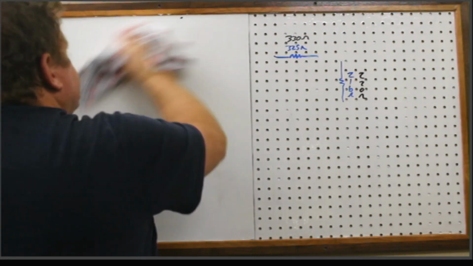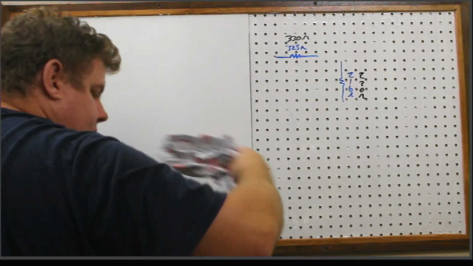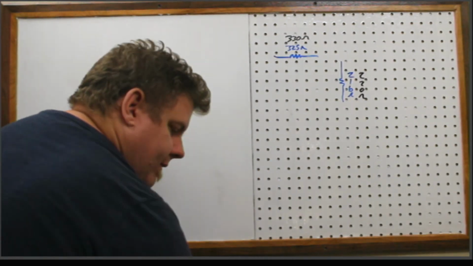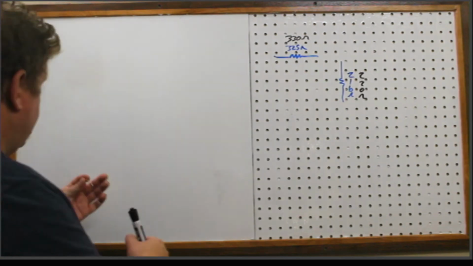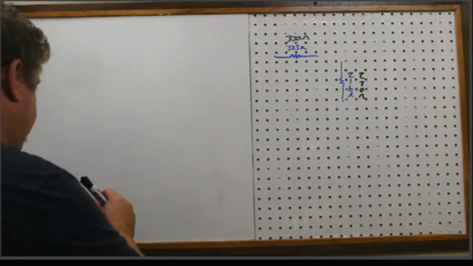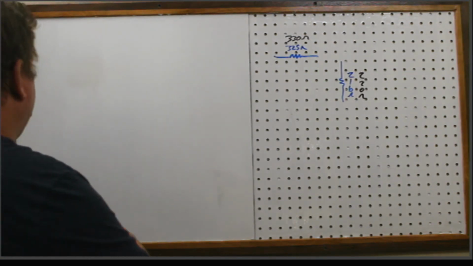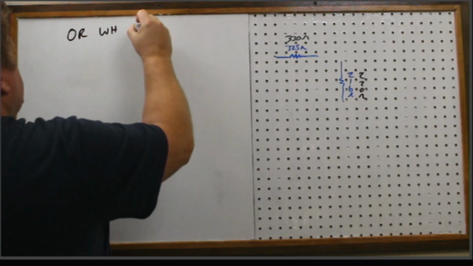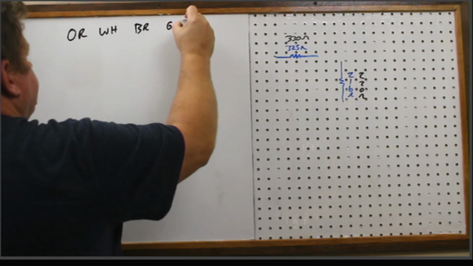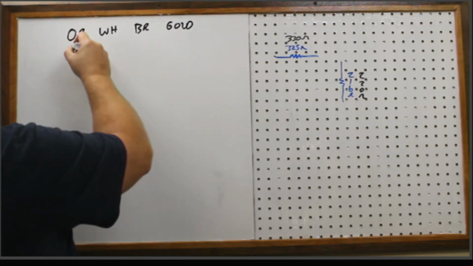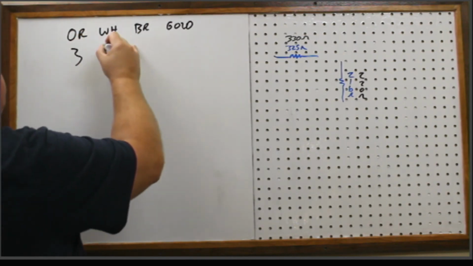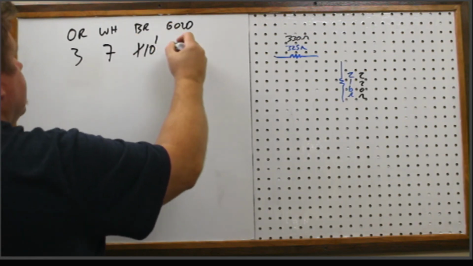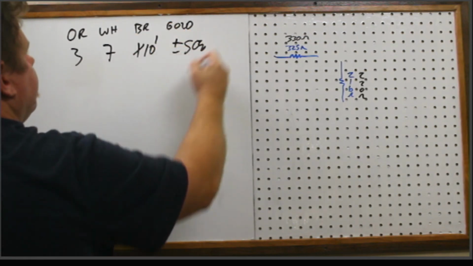Okay. Now let's go ahead and do the very last one. Again, I'm just using the ones that are out of your kit. If you just want more practice, you certainly can come up with whatever colors you want. This final one that I have is an orange, white, brown, gold. Okay, so orange is 3, white is 7, brown is times 10 to the brown is 1, plus or minus 5%.